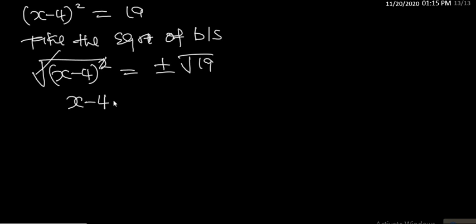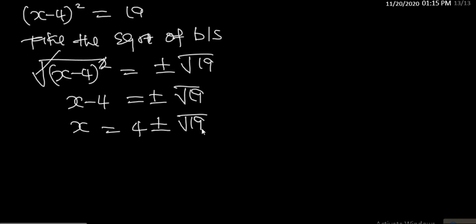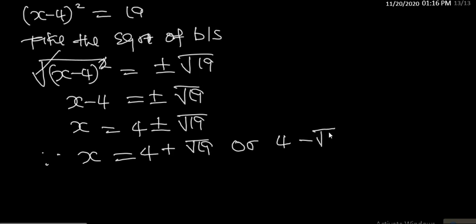So we have x minus 4 equals to plus or minus root 19. If we take 4 to the other side, we have 4 plus or minus root 19. So guys, we have our two answers: x equals to 4 plus root 19 or 4 minus root 19. You are asked to leave your answers in surd form.